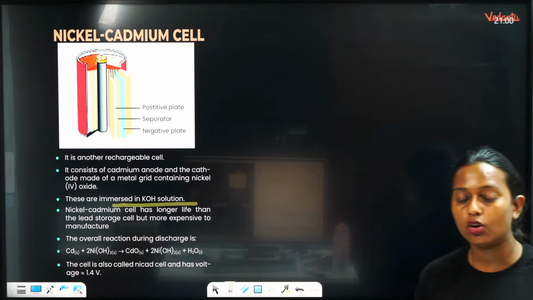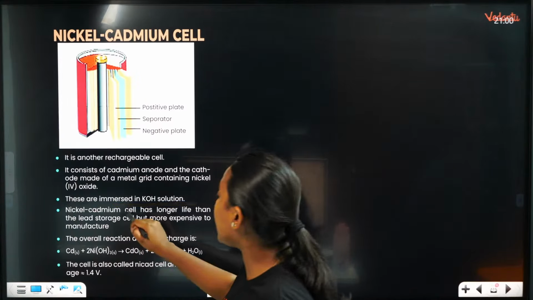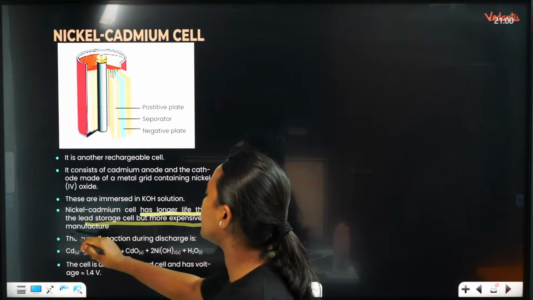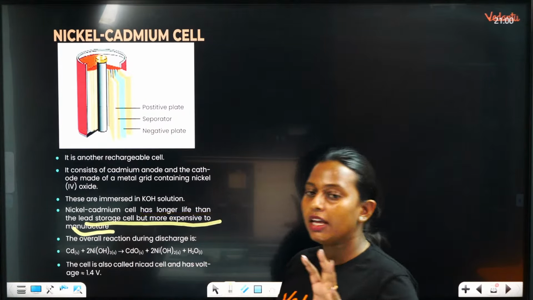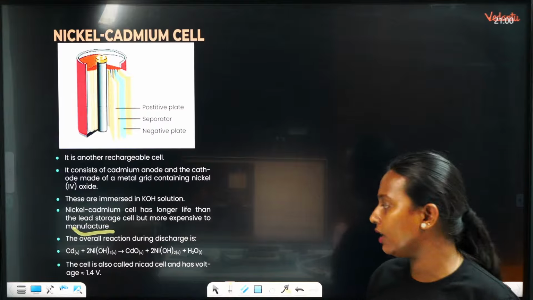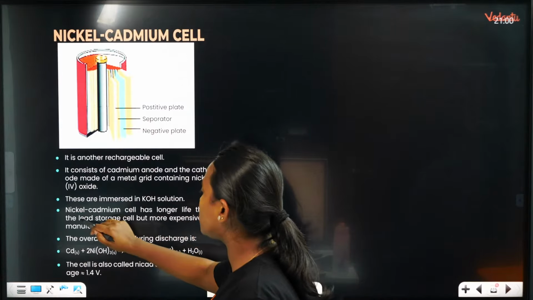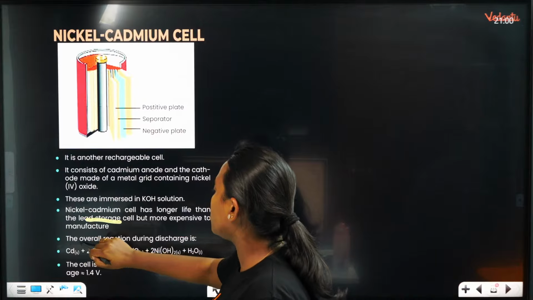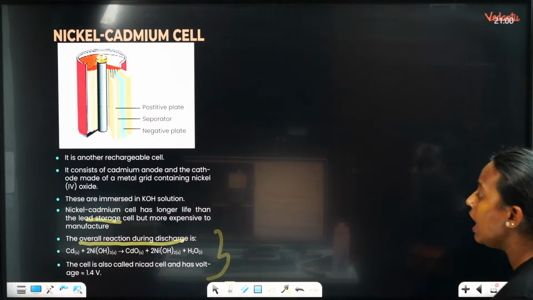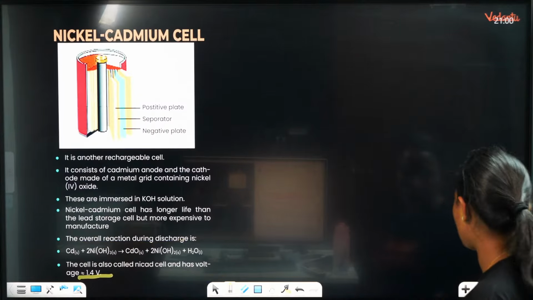The nickel cadmium cell has a longer life than the lead storage cell but is more expensive to manufacture. So the life is longer, but it is a little more expensive than the lead storage cell. The overall reaction on discharge, and its voltage is 1.4 volts.